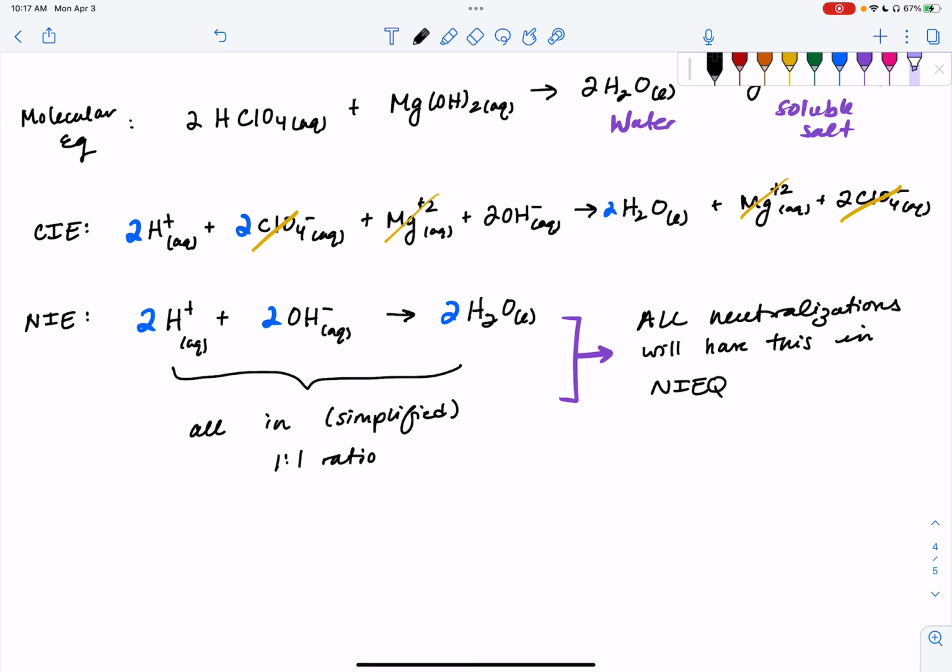Now, you might have a neutralization that also results in a gas evolution, like we looked at with our sodium bicarbonate, right? So you can't just leave that out, right? It's only the spectator ions that are not included in a net ionic equation. But you will always, always, always in a neutralization reaction have H plus with OH minus forming H2O in some kind of ratio that simplifies to a 1-to-1-to-1 ratio.